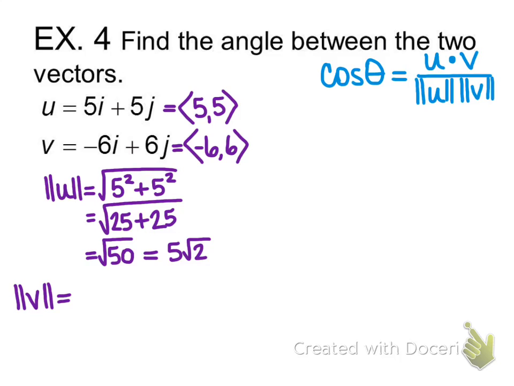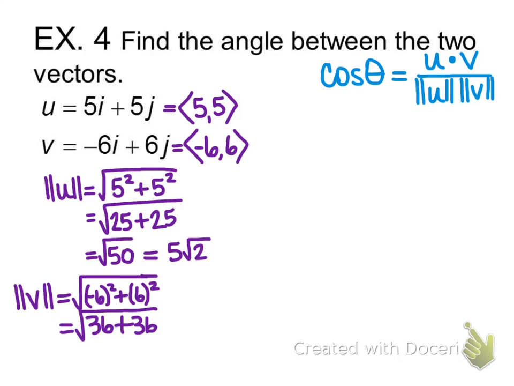The magnitude of v equals the square root of negative 6 squared plus 6 squared. So that's the square root of 36 plus 36, and then the square root of 72. The square root of 72 will simplify to 6 square root 2. So now we're going to take our 4 pieces of information and plug them into our formula.